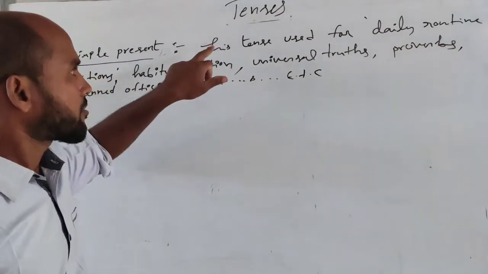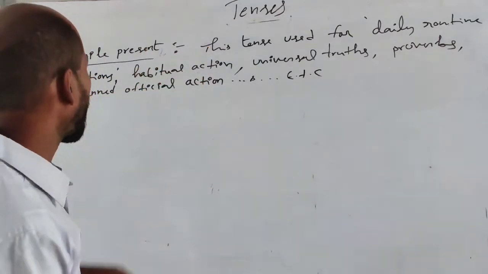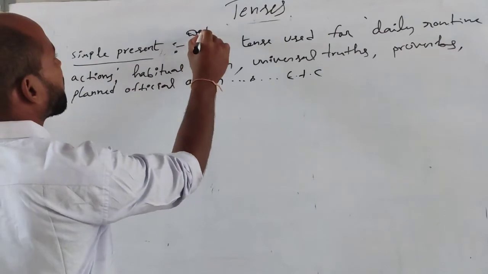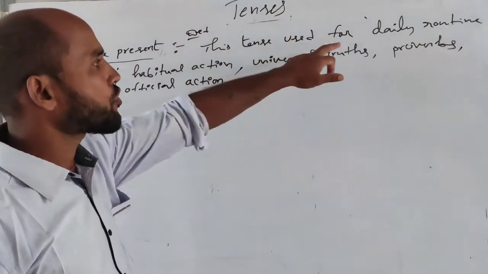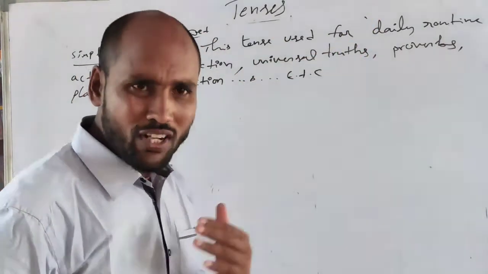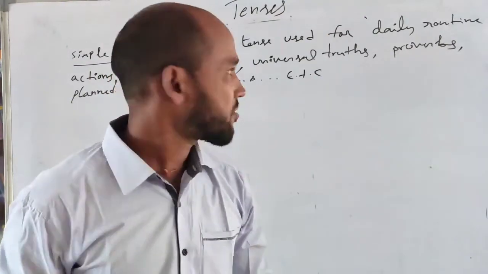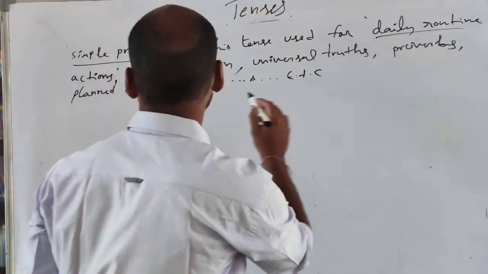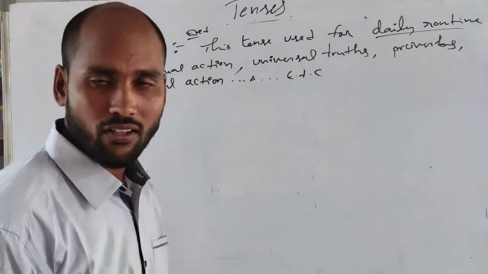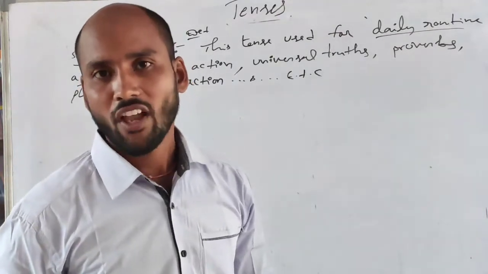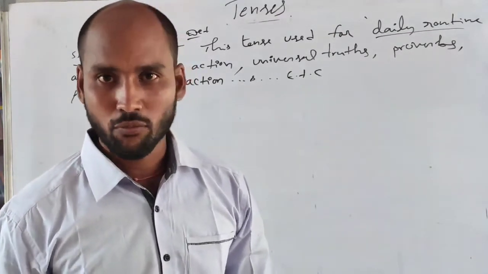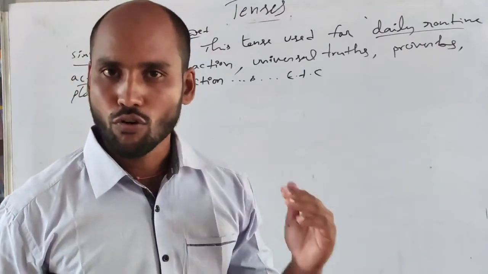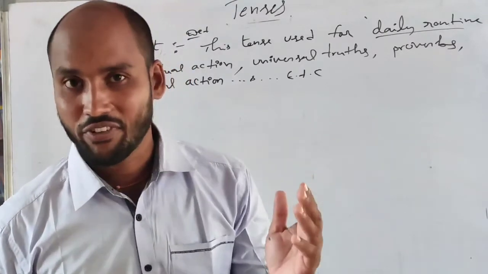Here I describe the first definition of the simple present tense. This tense is used for daily routine actions. What is the meaning of daily routine actions? Daily routine action sentences are: I wake up early in the morning. She goes to college every day.